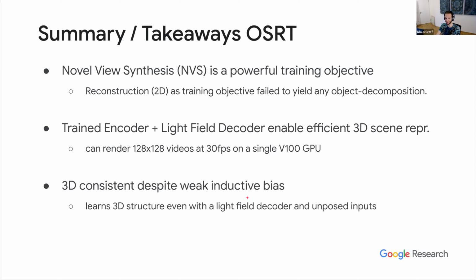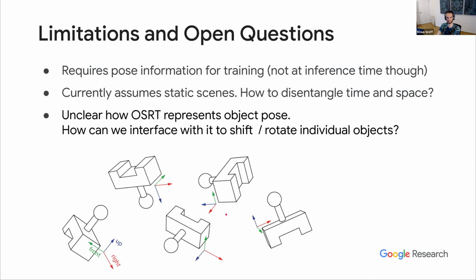And surprisingly, to me still, this model is 3D consistent, despite a rather weak 3D inductive bias. The NeRF inductive bias is much, much stronger, and there are other models that have much, much stronger inductive biases. But this learns a 3D structure and a 3D consistent decomposition of objects, even with these weak inductive biases.